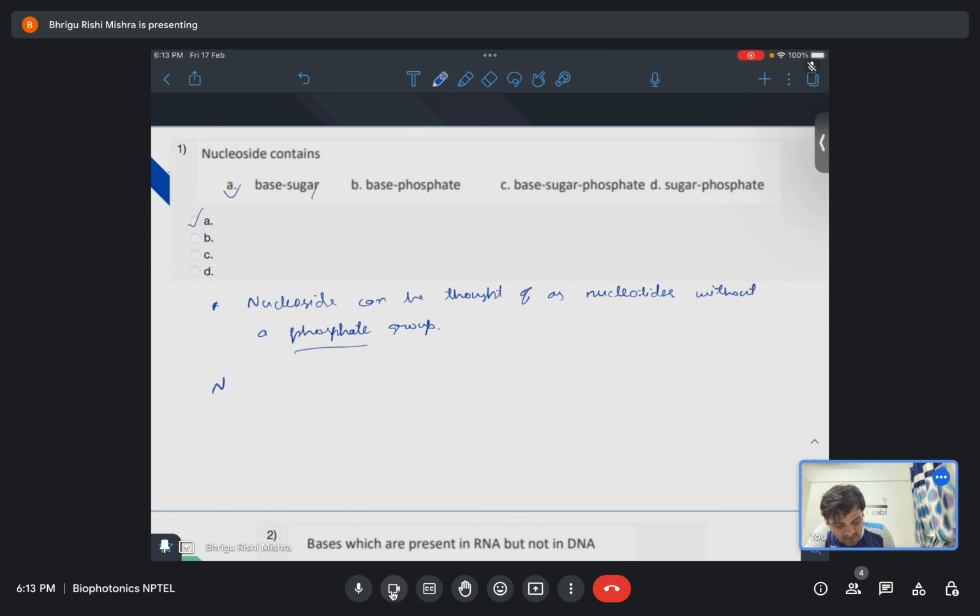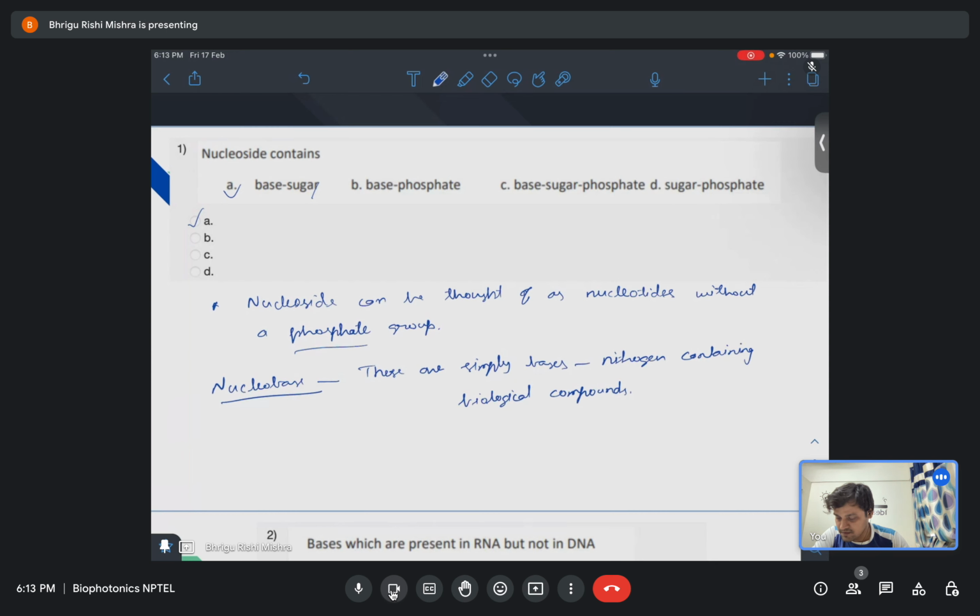Nucleobases are simply bases, nitrogen containing biological compounds.